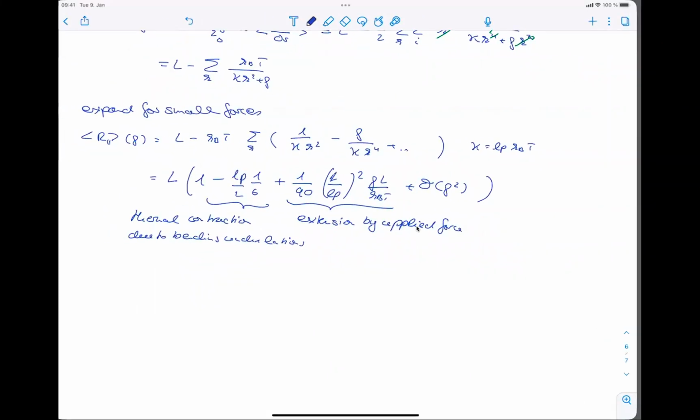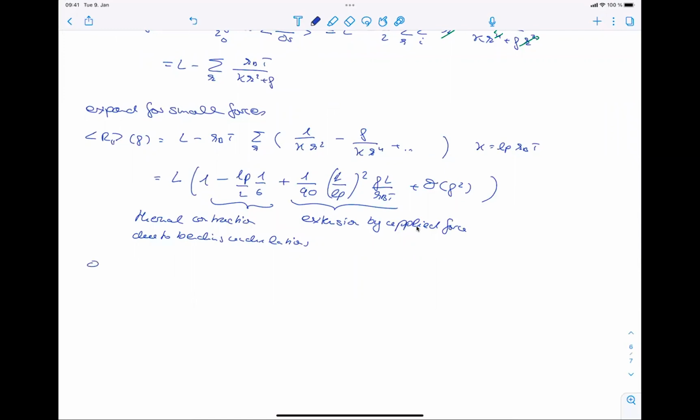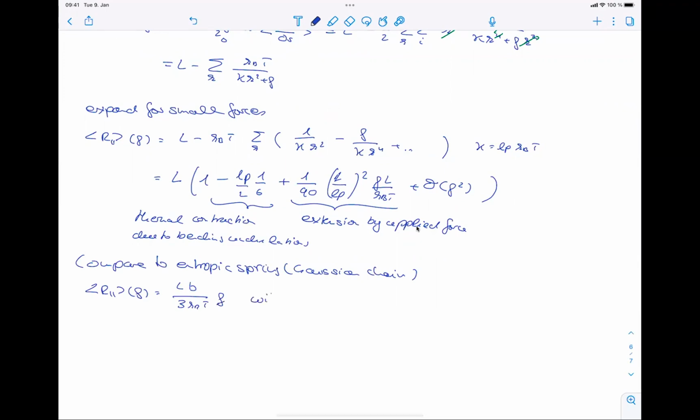And so if we now compare this result to the entropic spring picture, the Gaussian chain, there we have our parallel of F being 3 over L b kBT F, which we can map to this system by remembering that here the Kuhn length is 2LP.